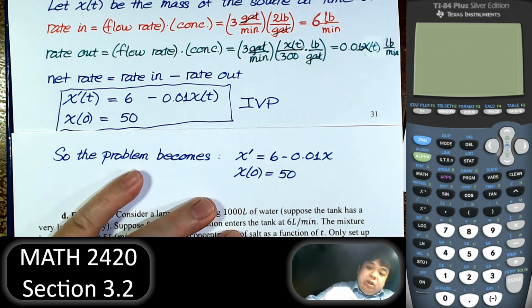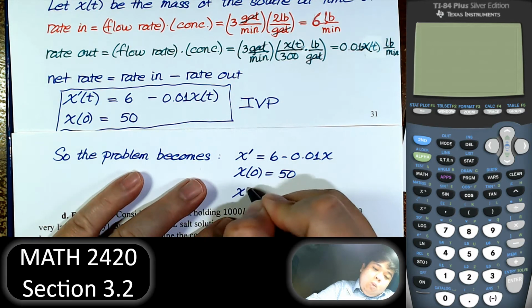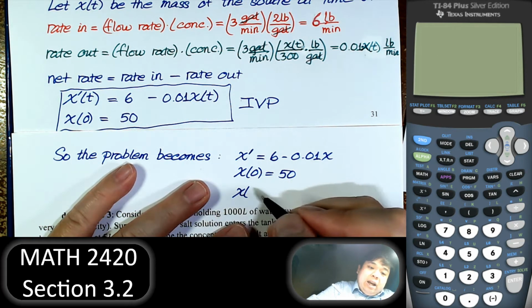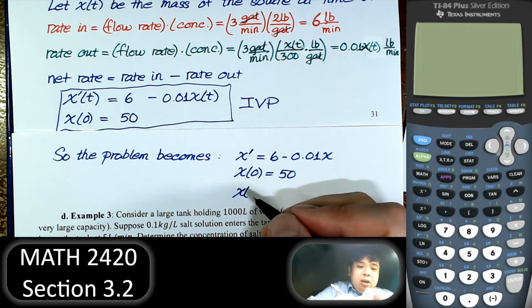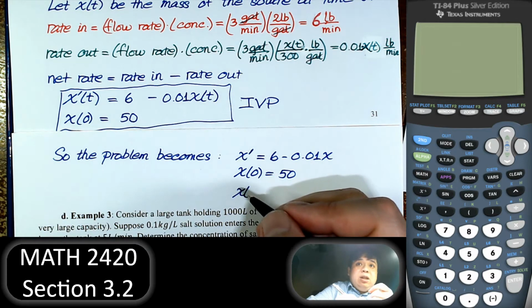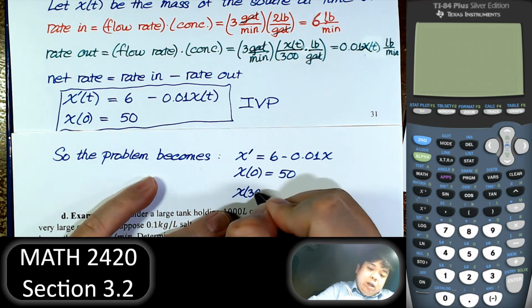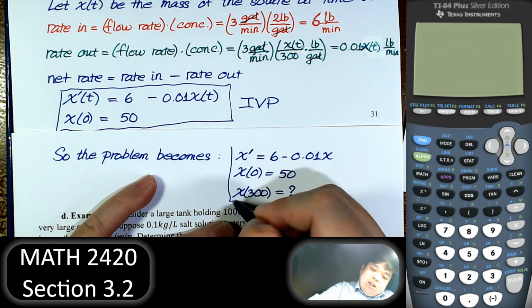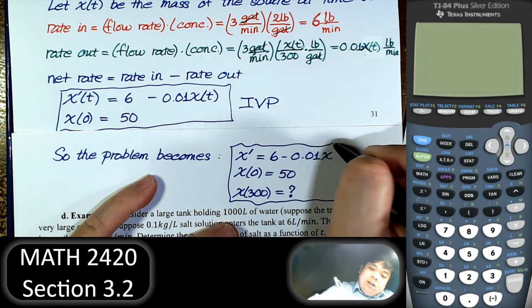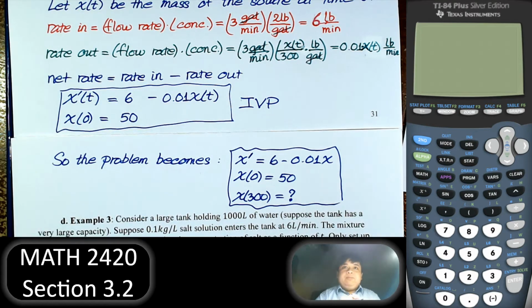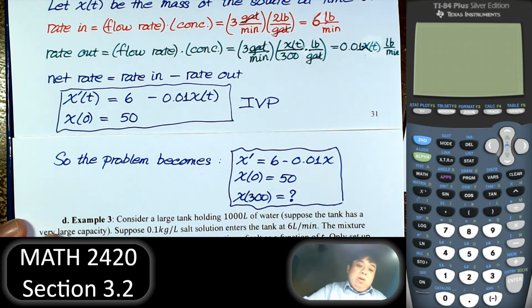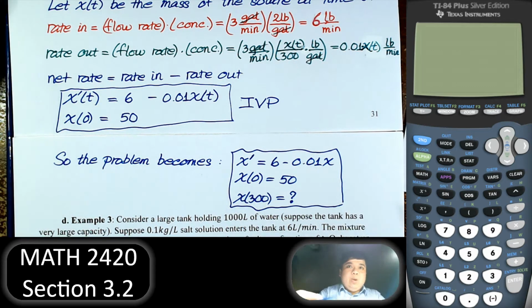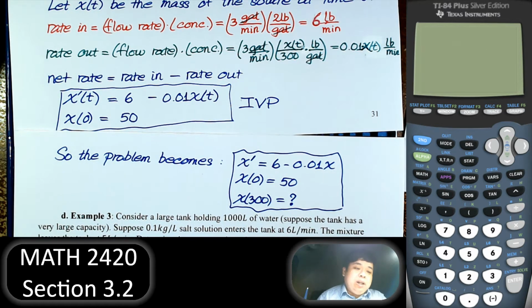And the question that we need to find is what will be in the tank after 5 hours. Notice that the unit is in terms of minutes. 5 hours is 300 minutes. So after 300 minutes, how much salt do we have? So that is the problem that we get from that word problem. Right. So like I said, we're not focused on solving this equation. We focus on setting up only. And that's all we do here.